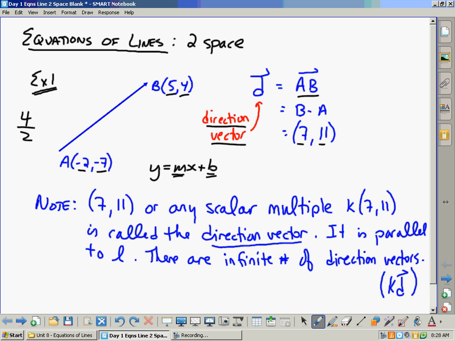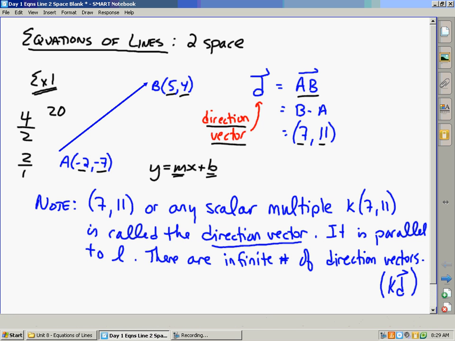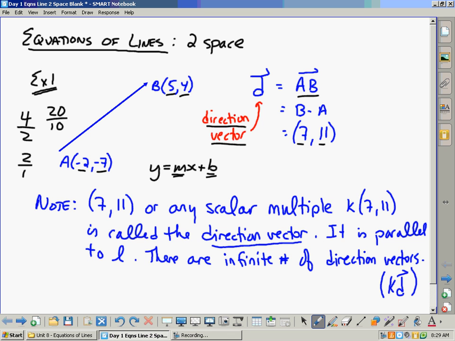You could leave it as 4 over 2, or you could reduce that to 2 over 1, and that would still be the same slope, right? Or you could multiply the top and the bottom by 5 and say 20 over 10. That still would all be the same slope, wouldn't it? Same idea for these vectors.